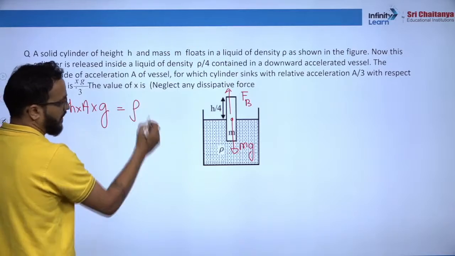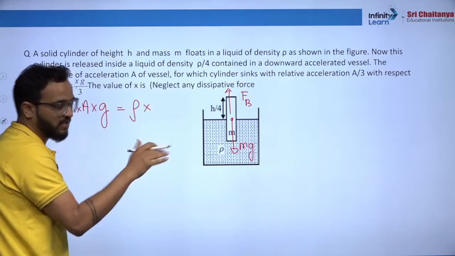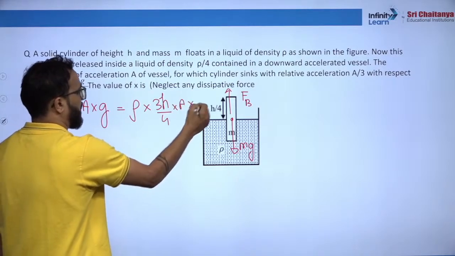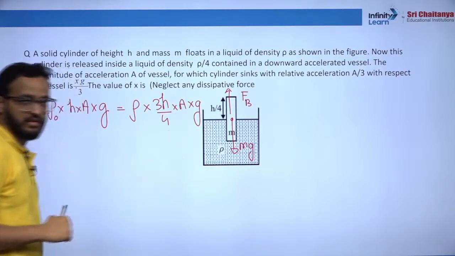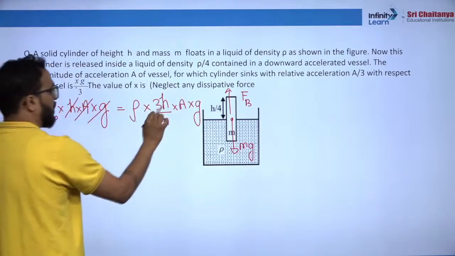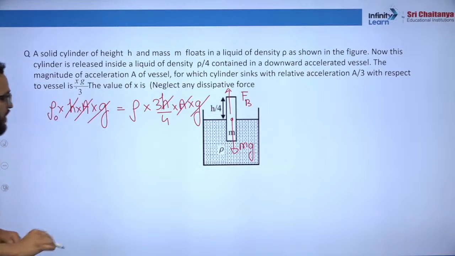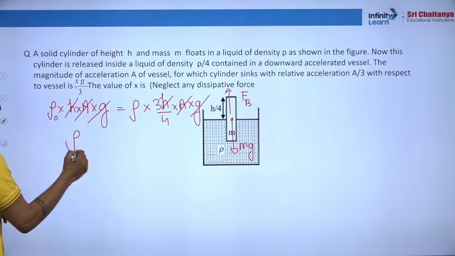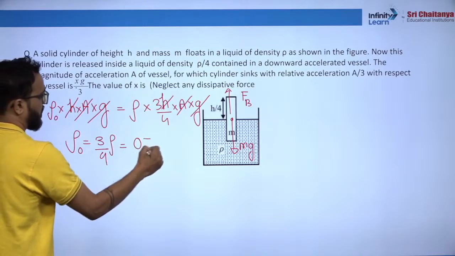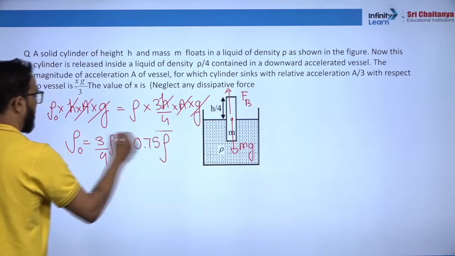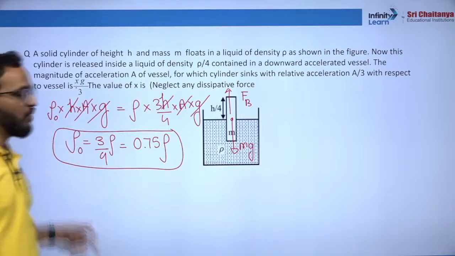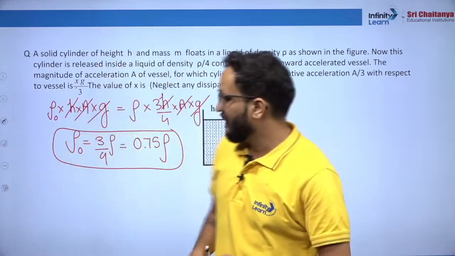So density of the liquid into displaced volume will be 3H by 4 into A into g. Do you understand this? So after solving this, HAG cancels, and you will get density of object is 3 by 4 times rho, which is 0.75 the density of the liquid, right?